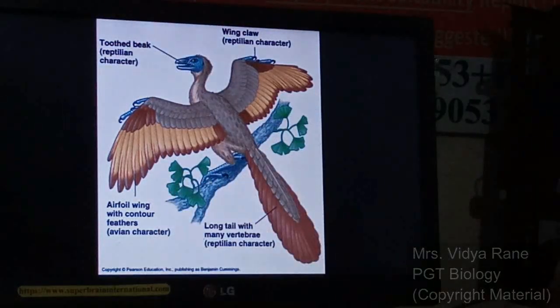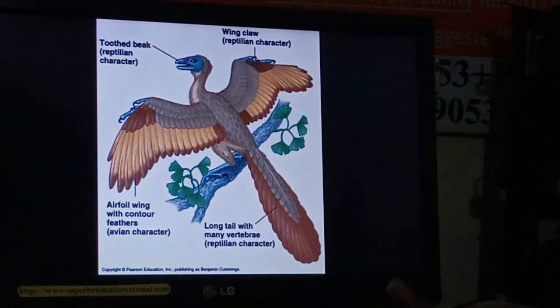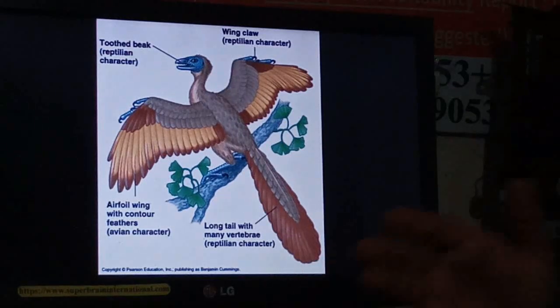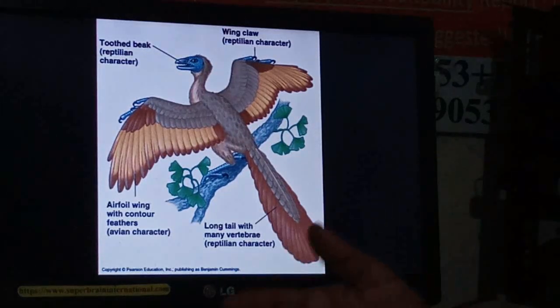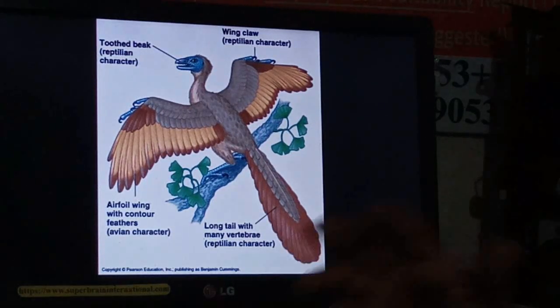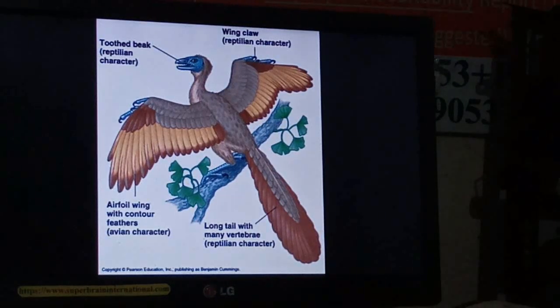Like that, so many other examples are there which give us the connection in evolution, like how the aquatic animals developed into terrestrial organisms, because we have one species of fish which has lungs, right? So that fish is able to breathe on land and even it can go back into the water.